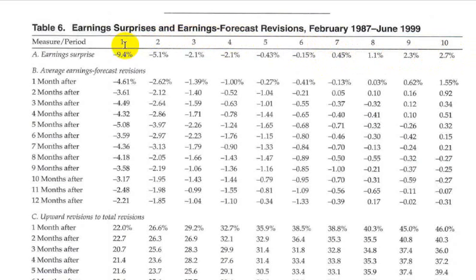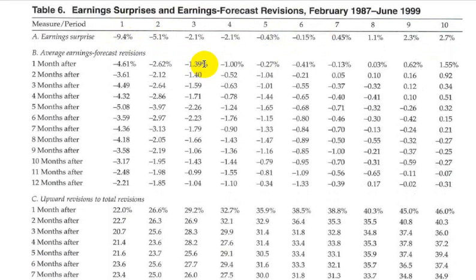And then with these lower momentum portfolios, we see that the earnings surprise is actually negative. So maybe analysts are too optimistic about the future earnings in the past loser portfolios.